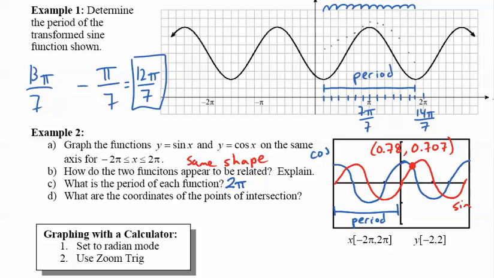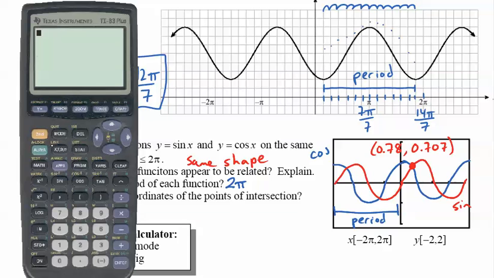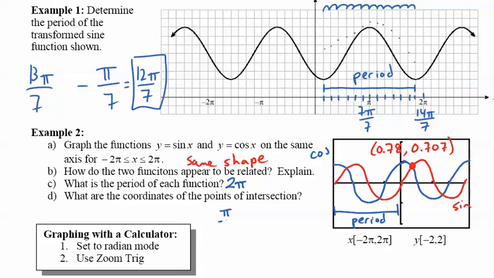The coordinates of the point of intersection, let me check those numbers. I think that would be pi over, nope, pi over 4. Oh, there's the x-coordinate. Anybody know how to get 0.707?